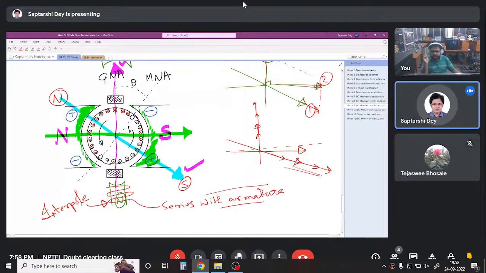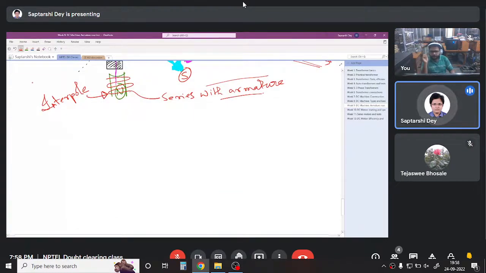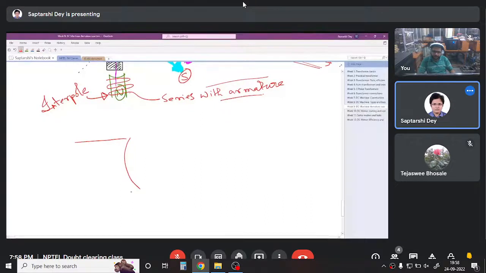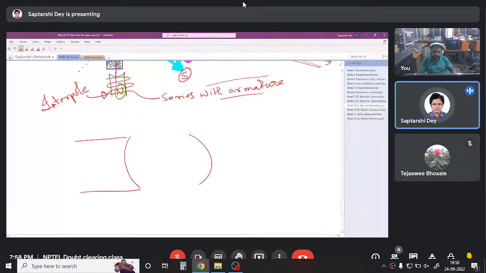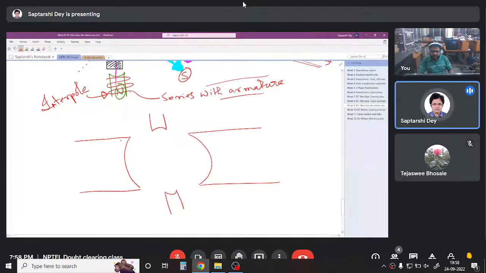There is another winding that is called the compensating winding, but I don't think we will have enough time to discuss it. So what do we have? Okay, let me draw the stator once again. So stator, previously we had poles, our principal poles. Now on this we have interpoles, small interpoles. Compensating windings are put here.